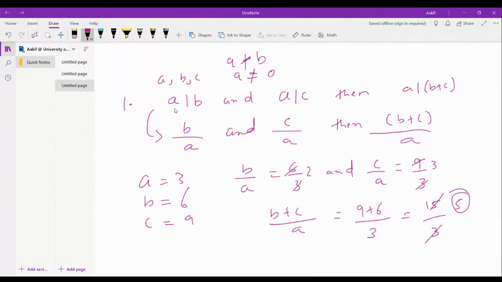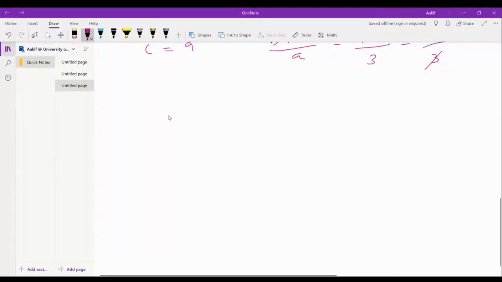Now let's take the second case, where the theorem states that if A divides B, then A will divide B times C, where C is an integer.